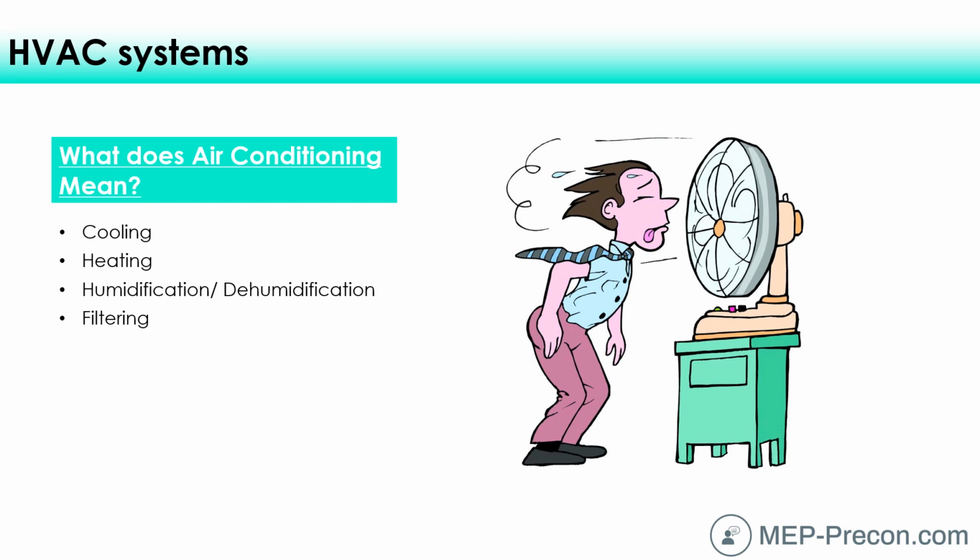Could filter it. Filtering is a form of conditioning it as well, not just for particulates, but maybe even deodorizing too. And so deodorizing is a way of conditioning it. How do we deodorize air? Well, we use a filter called a carbon filter.